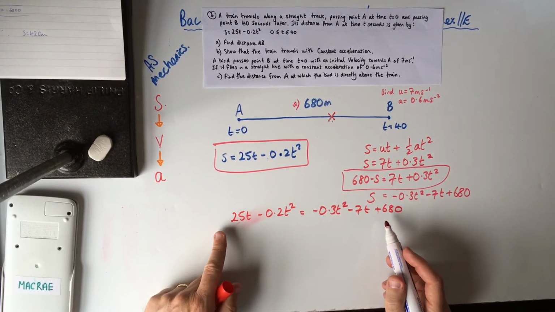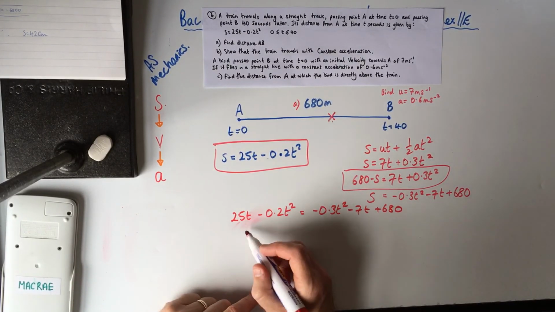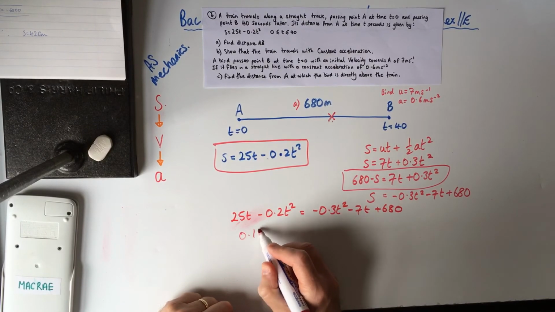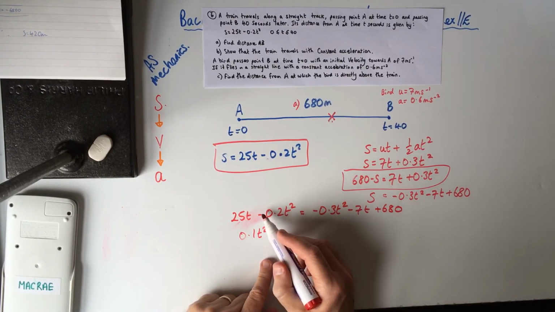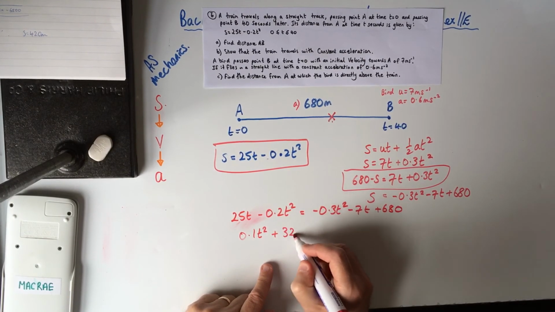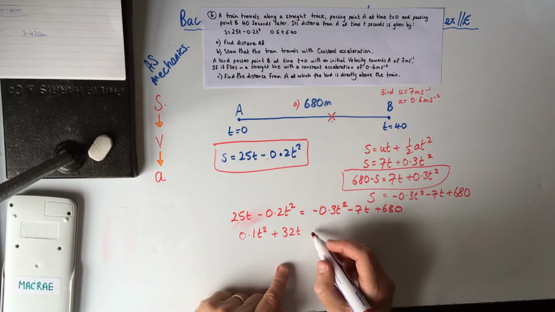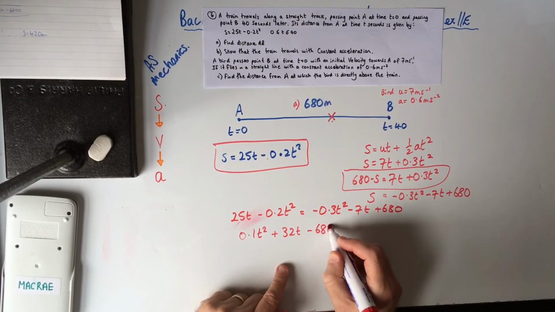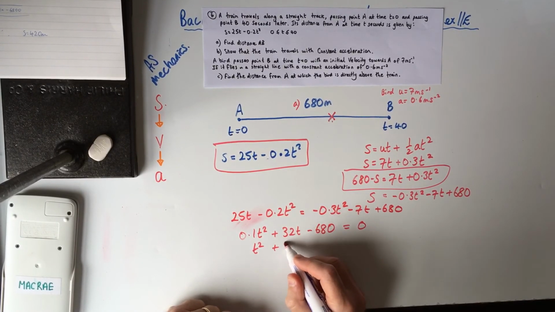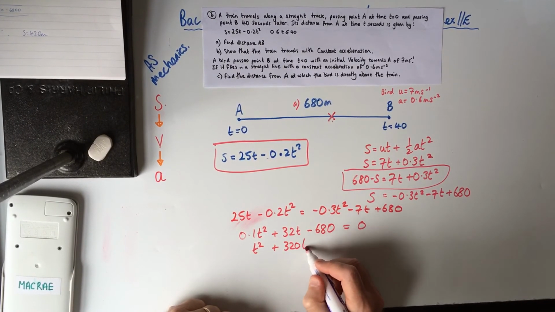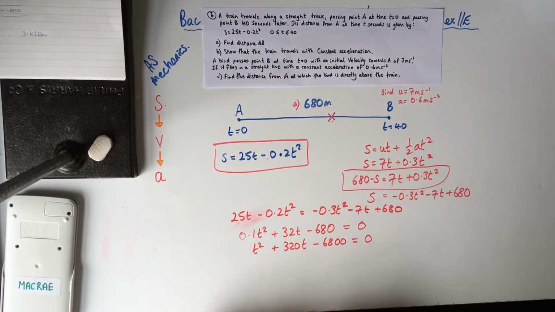If you rearrange all of that, you can take that over to there, so you get 0.1t squared plus 32t minus 680 is equal to 0. Times everything by 10 to get t squared plus 320t minus 6800 is equal to 0.